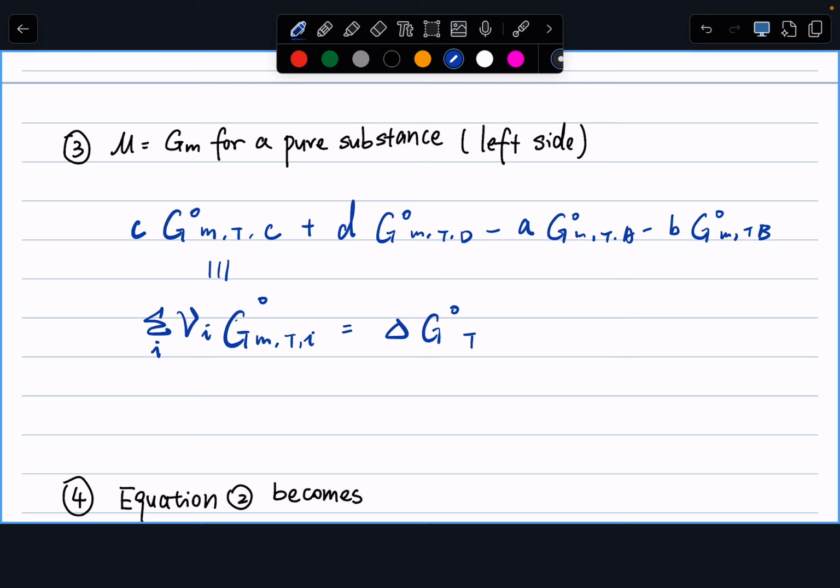So everything on the top just becomes my delta G naught at a certain temperature, the standard Gibbs free energy change of the reaction. We can also simplify these terms so that it looks prettier. Yes? Sorry, is the left side equal to that delta G naught at the temperature?